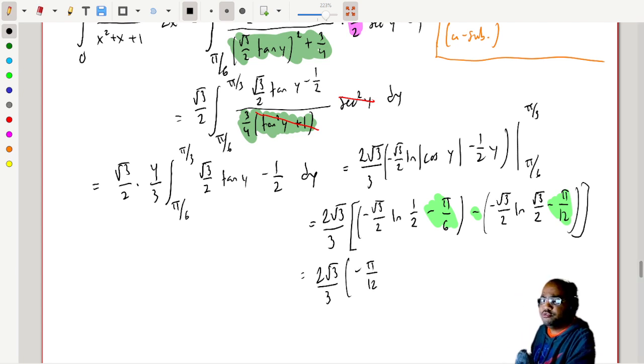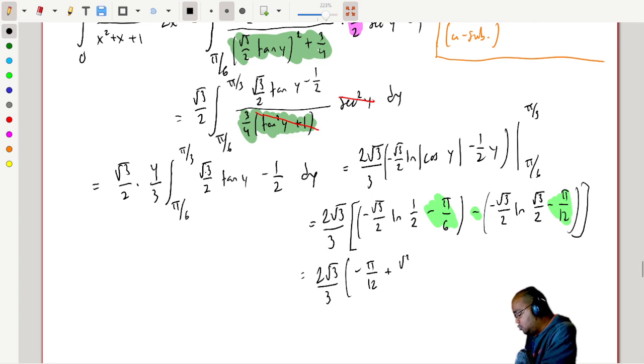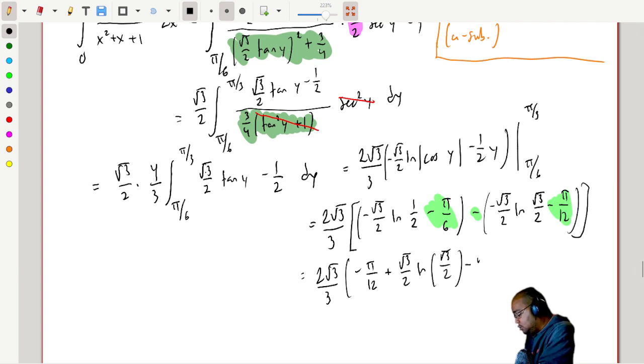Okay, and then the logarithms, we're just going to shuffle the signs here. Let's just write it down first. So square root of 3 over 2, log of square root of 3 over 2, and then minus square root of 3 over 2, log of 1/2.